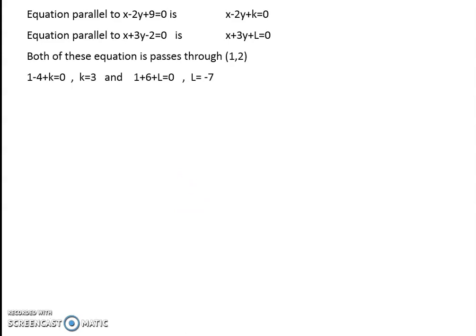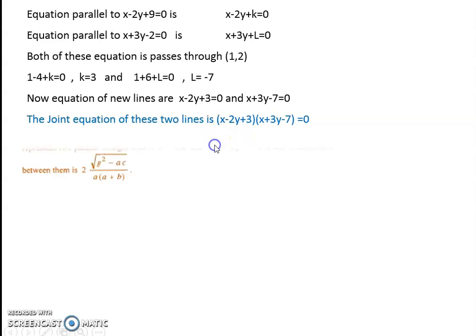The first line is X minus 2y plus k, and the equation parallel to the second line is X plus 3y plus n. Now we pass these two equations through (1, 2). When we do, I got k is equal to 3 and n is equal to minus 7, and substituting these two, we get the equation of the new lines which are parallel to the given pair and pass through (1, 2).